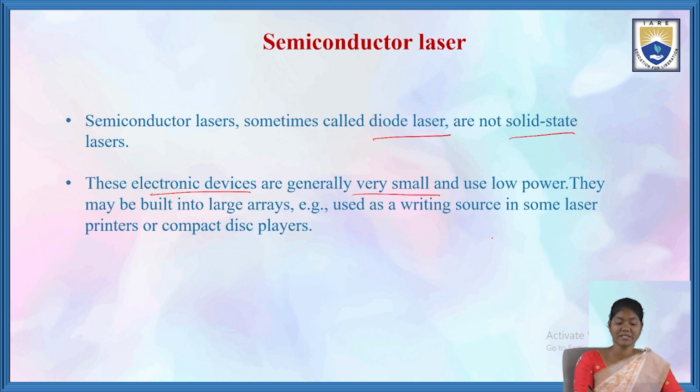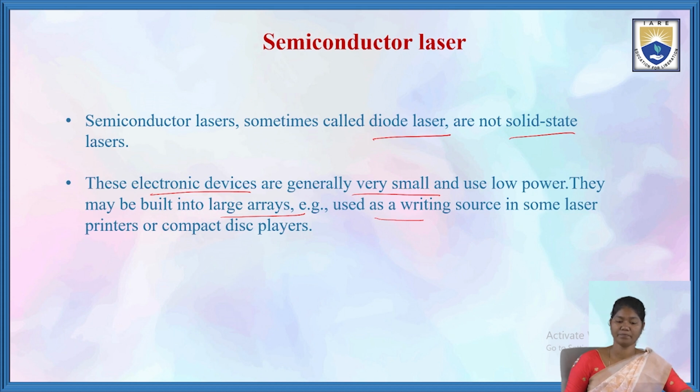They may be built into small arrays. For example, they can be used as the writing source in some laser printers or compact disc players. So these are the types of lasers which we use mainly.